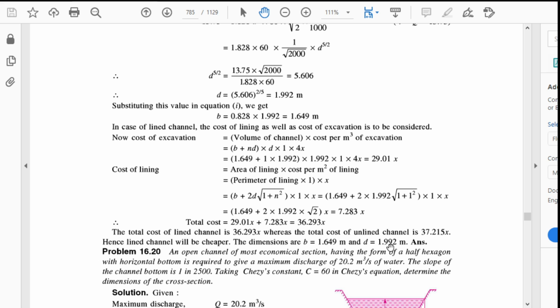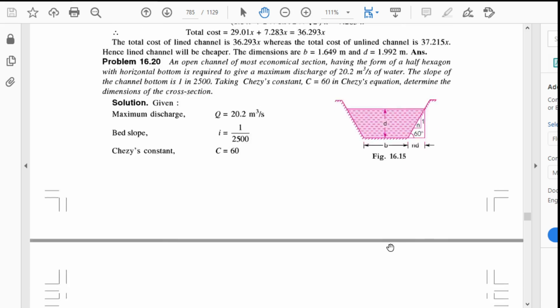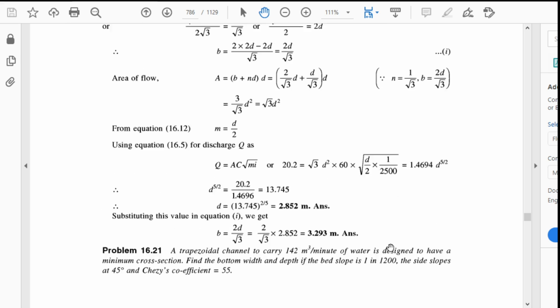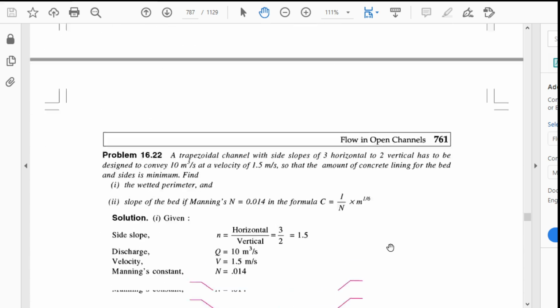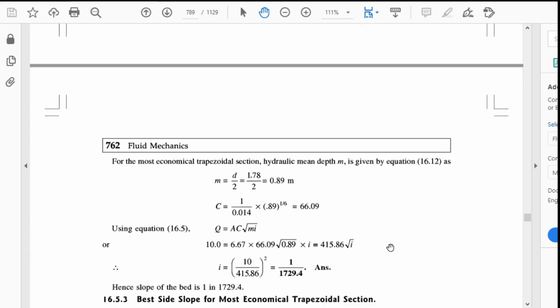This is all about the numericals for the most economical trapezoidal section. All the other examples will be the same. We will move further to the next theory part of the most economical trapezoidal section, that is the side slope.